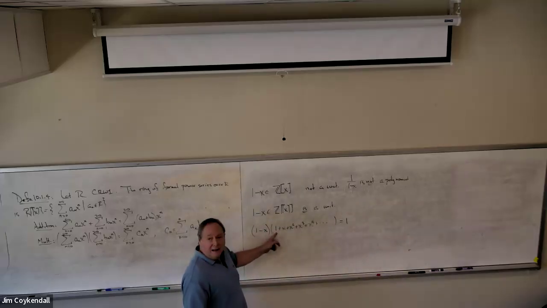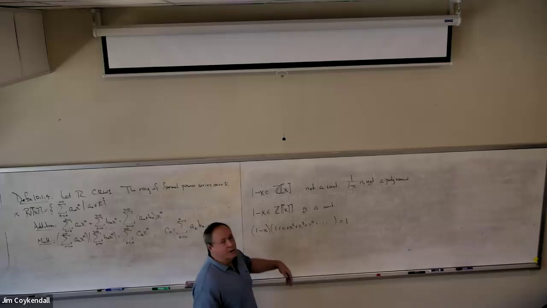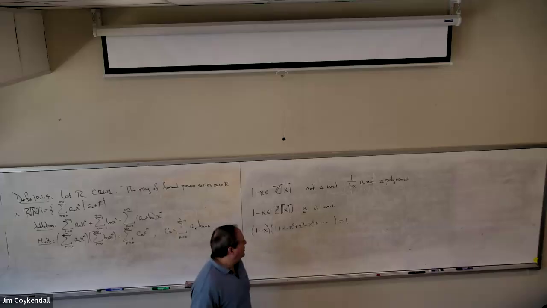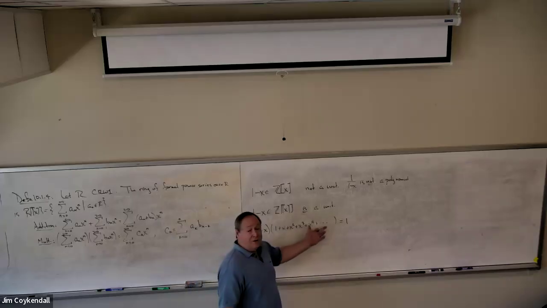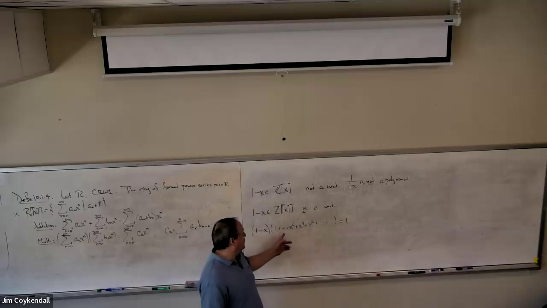Well, 1 times 1 gives me the constant term. What's the x term? It's x minus x, so that's gone. What's the squared term? It's x squared minus x squared, gone. Cubic term, x cubed minus x cubed, gone, and so forth. So when I don't have to stop, I actually come up with the inverse of this.